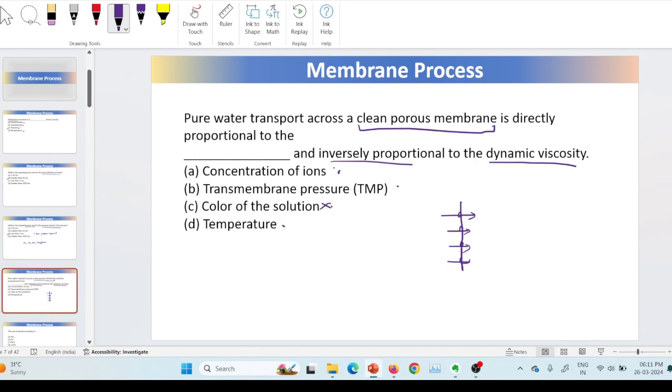Color cannot be the answer, and concentration of ions is also wrong. In this case it is transmembrane pressure. The more pressure we apply, the more transport will happen, directly proportional.